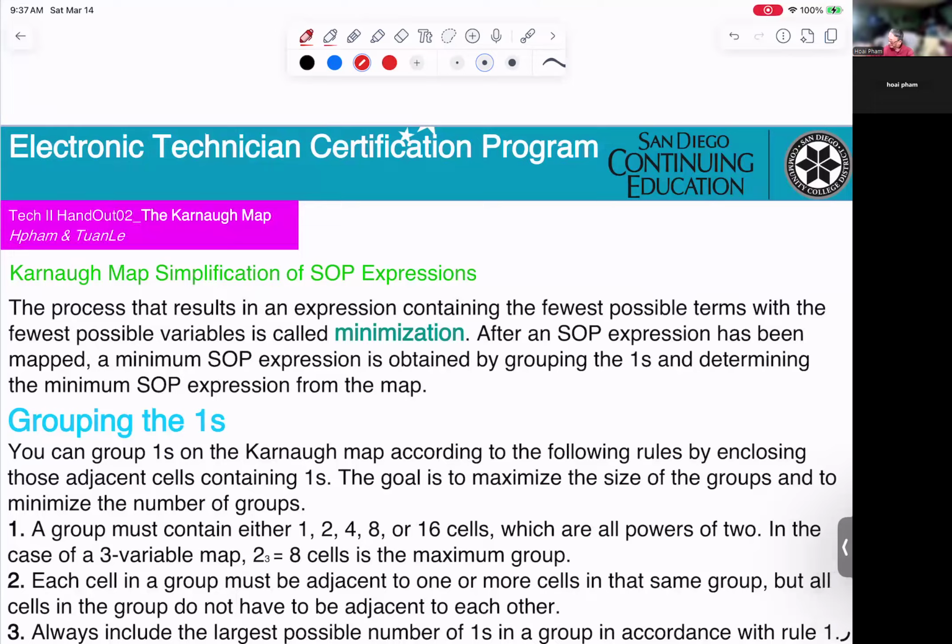K-map simplification of sum of product expression. The process that results in an expression containing the fewest possible terms with the fewest possible variables is called minimization.